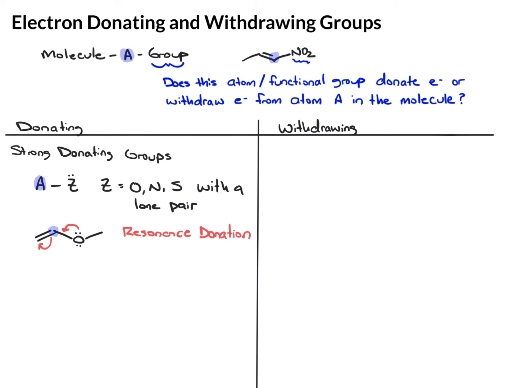We also have some weaker donating groups, the most common here being a simple alkyl group. So what happens in this case, let's draw an example. Let's say we have a simple methyl group as our alkyl group. So it's a subtle effect, but what this alkyl group is going to do is inductively donate electrons.